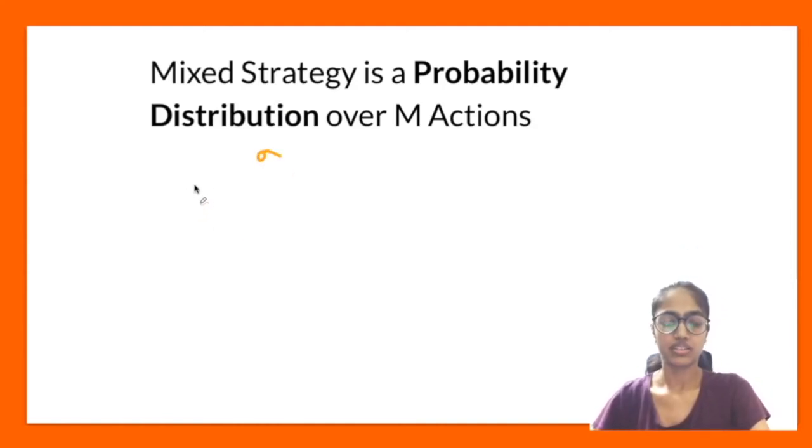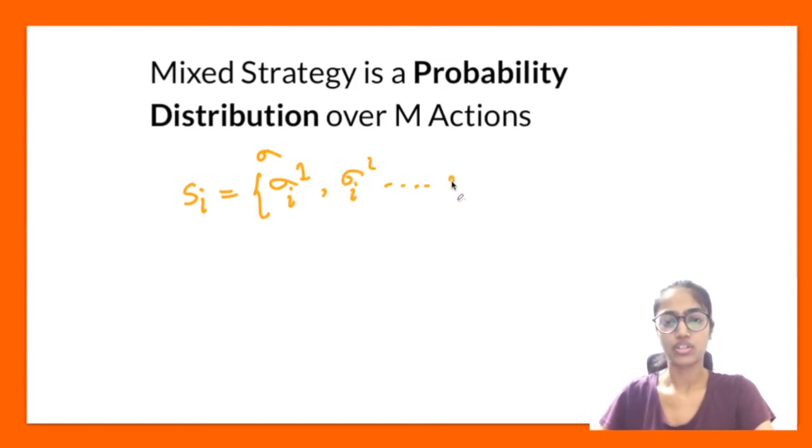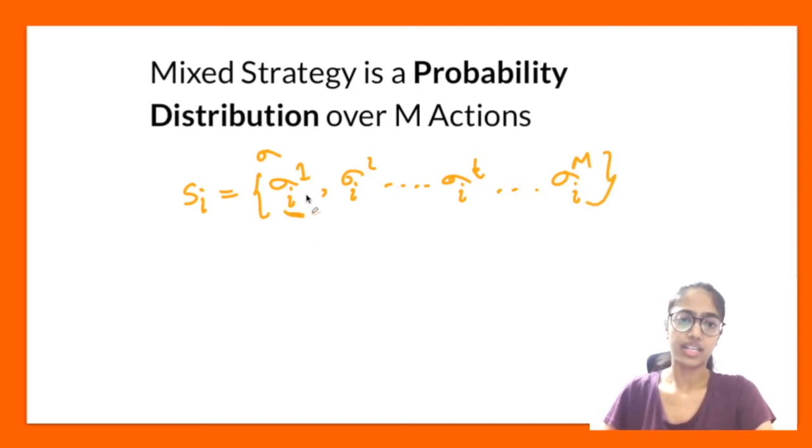We can write the set for this probability distribution as S_I equal to sigma_I1, sigma_I2, and so on, sigma_Ik, and sigma_Im. This shows that player I plays action 1 with sigma_I1 probability. He plays action 2 with sigma_I2 probability, and so on.